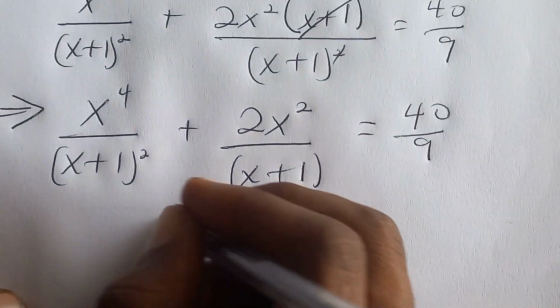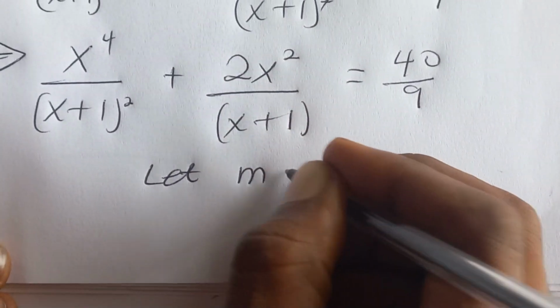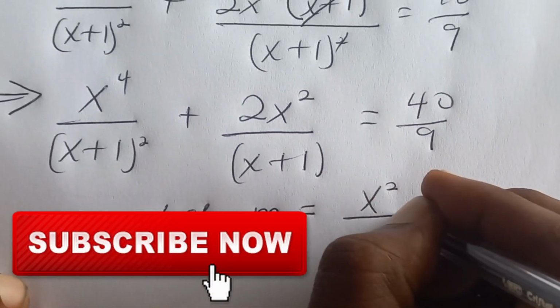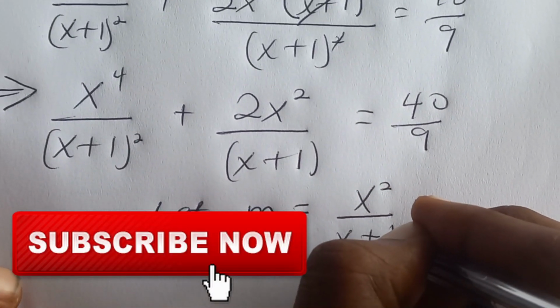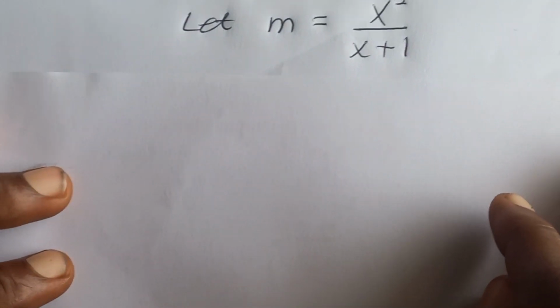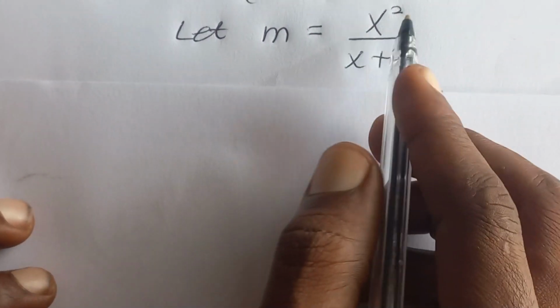Okay, so now I can say that let m be equal to x squared over x plus 1. So our m is equal to x squared over x plus 1.